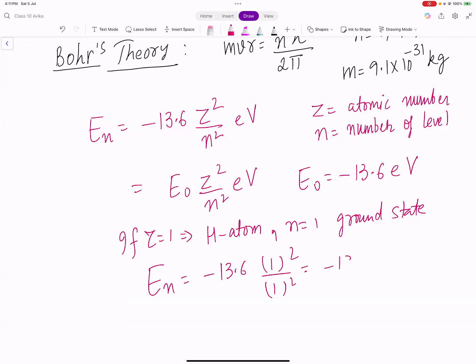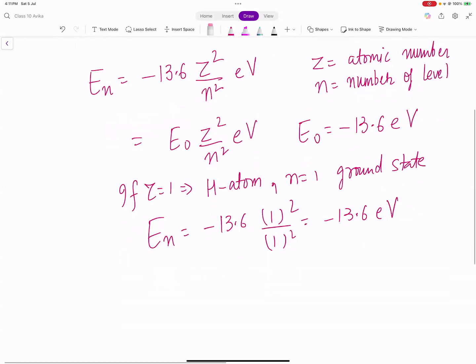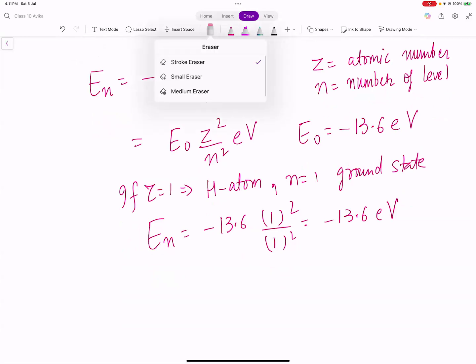So this turns out to be minus 13.6 electron volts. For the first level, here I had to write actually 1. This is called E naught, a convention where we call it the zero point energy. It is the first energy which we call E naught, a fancy way of writing E0.